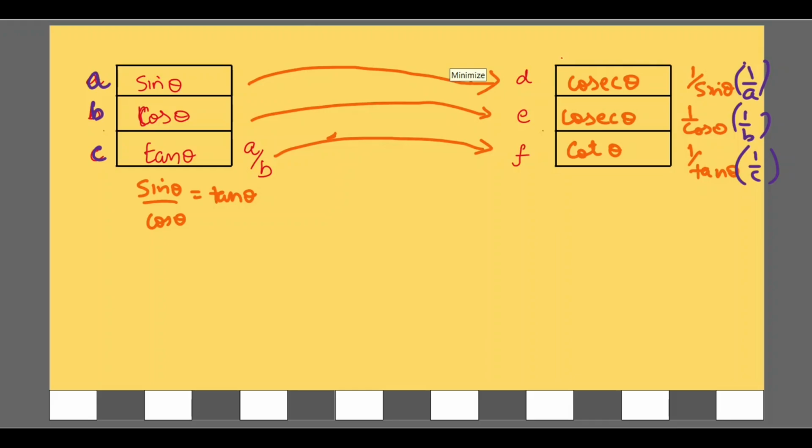And again, 1 over sine theta is cosecant theta, 1 over cosine theta is secant theta. That's my bad, this will be secant theta. And 1 over tan theta is cot theta. So remember, the reverse of sine is cosecant, the reverse of cosine is secant, and the reverse of tangent is cotangent.